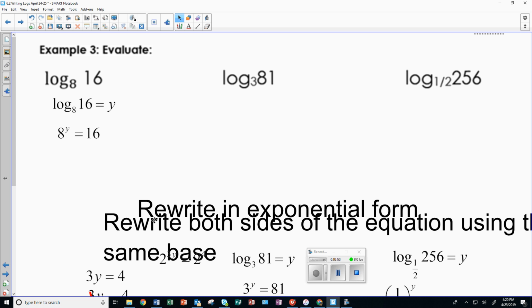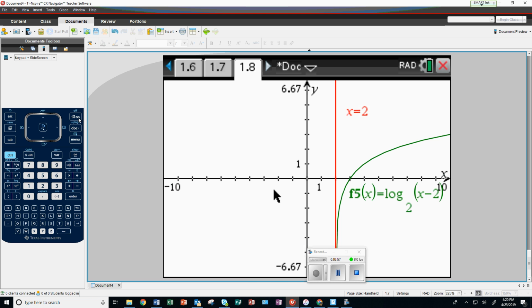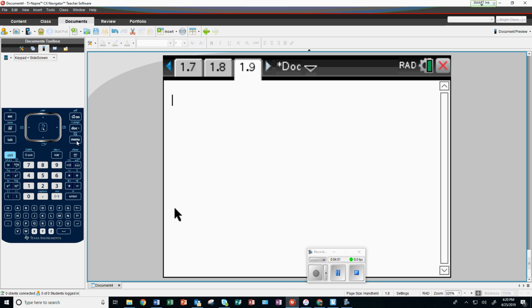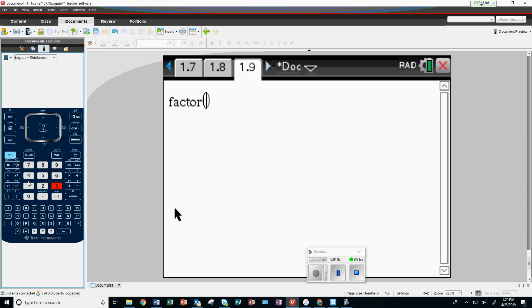So how do we do that? Well, we use our calculator. We can go to the calculator, hit menu 2, 3, and we can factor 8. That's 2 to the power 3. And we can factor 16. And that's 2 to the power 4.